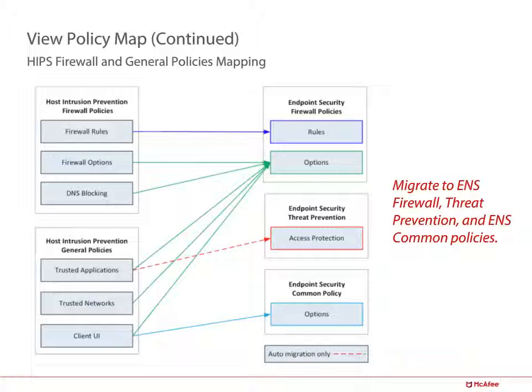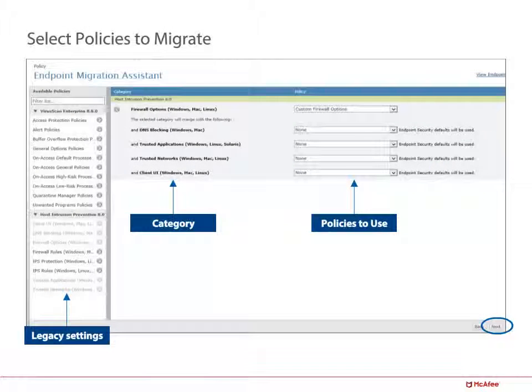When we get to the host intrusion prevention general policies, the trusted networks and the client UI will all be migrated over to the options policy, whereas the trusted applications go over to the access protection. And once again, some features of the client UI are migrated over to the options policy of the endpoint security common policy. In this screen, we're showing you we've selected the different firewall policies. So I have the options policy.